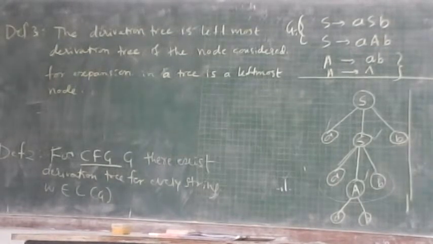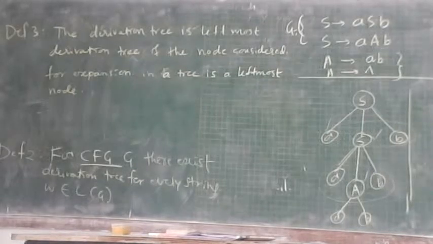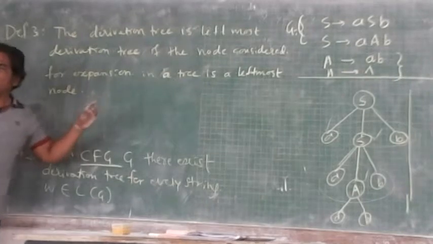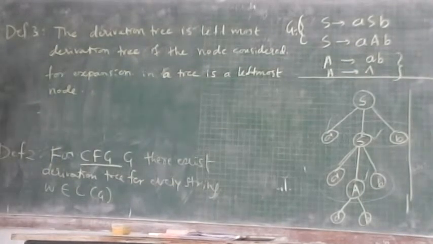A derivation tree is a leftmost derivation tree if, when you expand a particular node, that node is the leftmost one.